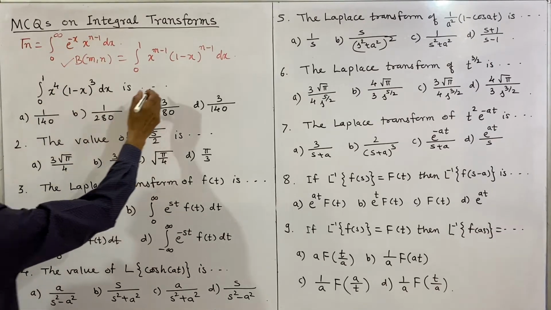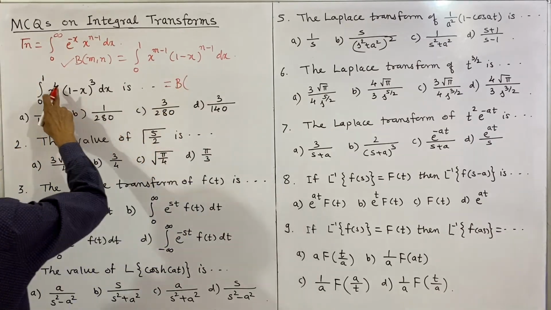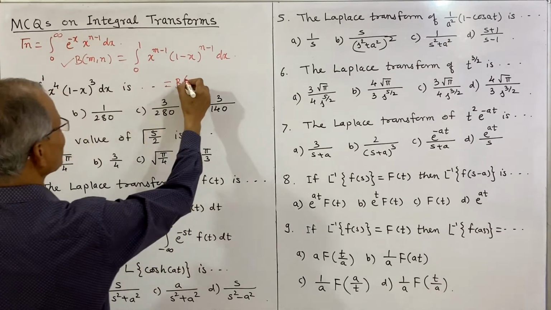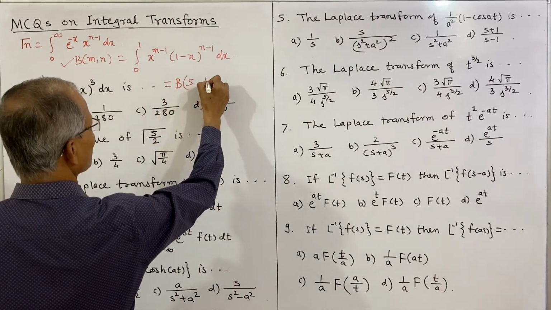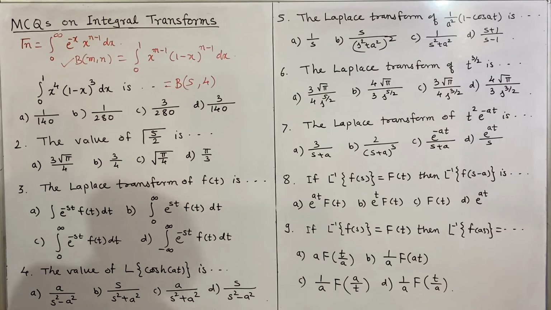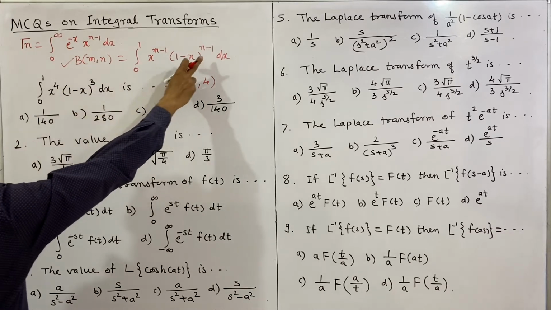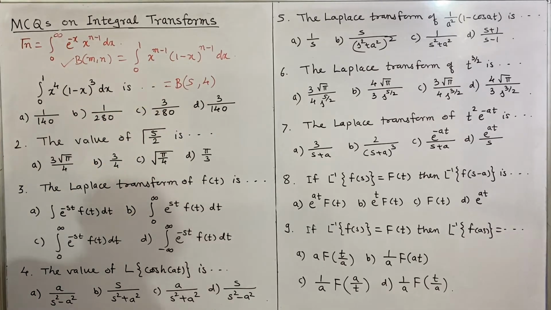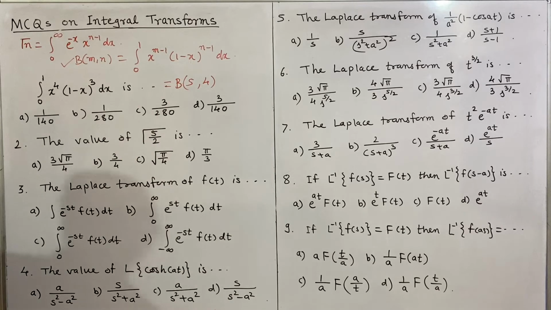So therefore this will be equal to beta of 4 plus 1, that is 5, and 3 plus 1, that is 4, beta of 5 and 4. Because this is written as 5 minus 1 and this is written as 4 minus 1.